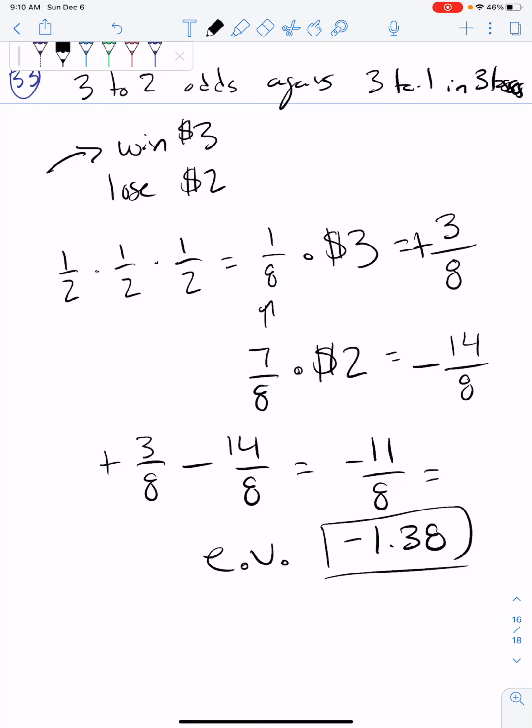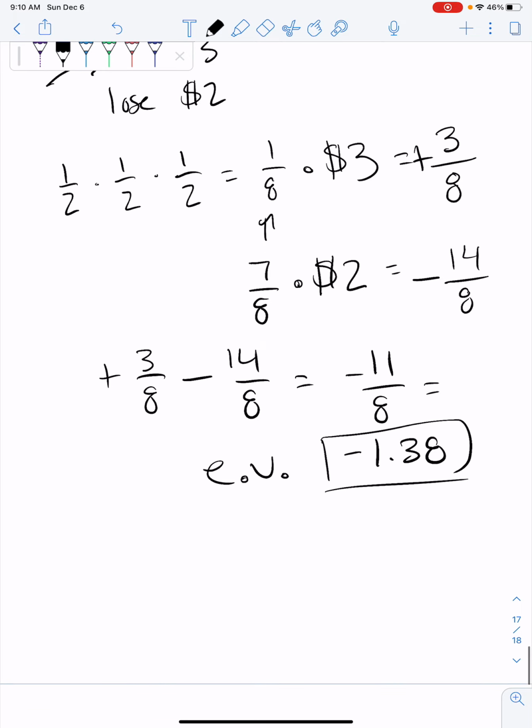Now, the question goes on to say, what would you expect to win or lose money in one game? Win or lose in one game. And we have to be careful with this because we know that we have a lot better chance of losing than winning, right? But you can't predict what you expect to happen in one game.